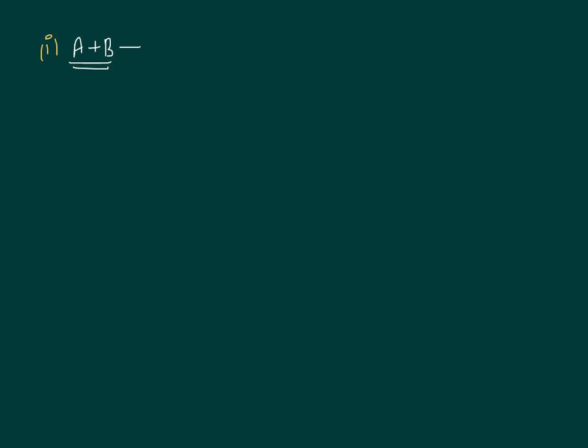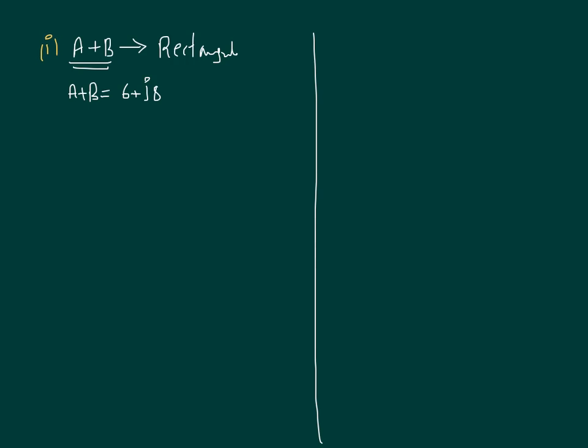This is addition, so a and b must be in rectangular form for easy calculation, right? So a plus b equals, directly we can write, 6 plus j8 plus 3 minus j4, and that equals 6 plus 3 plus j8 minus j4.